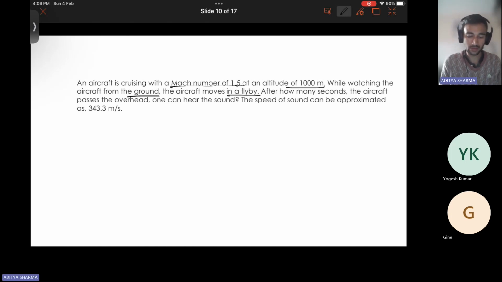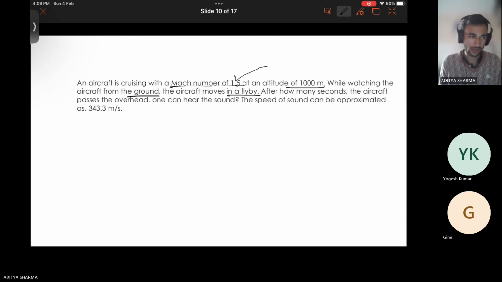There is an aircraft which has just passed over our head, but it's moving with a velocity that is supersonic. So in that case, the sound we shall witness of that aircraft.